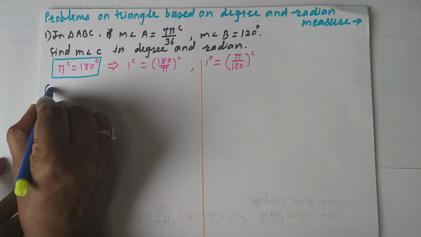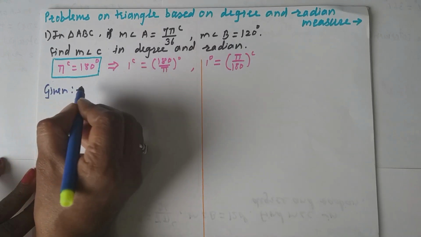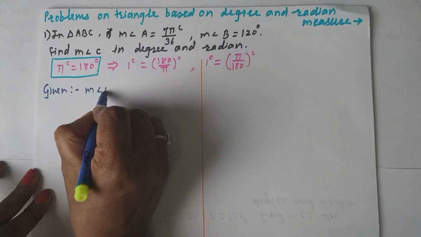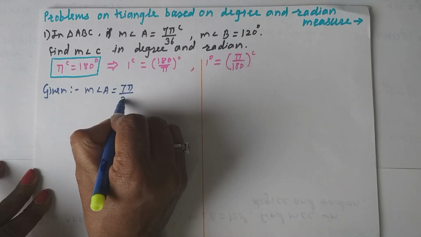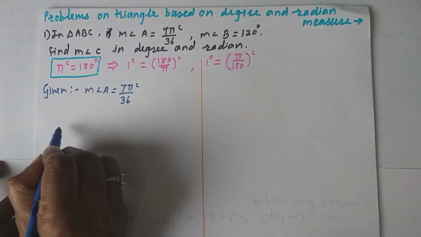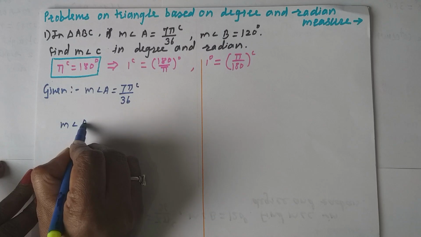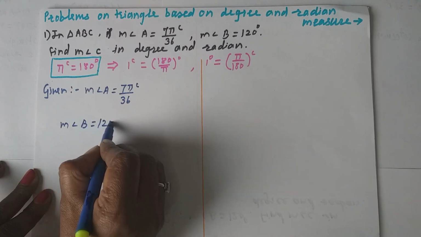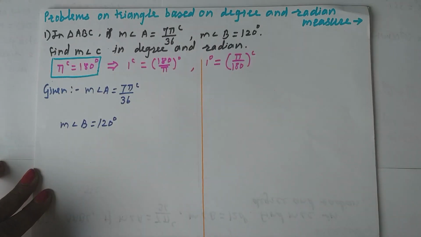Now see in the problem what is given here. Measure angle A is 7 pi by 36 radians and measure angle B is 120 degree. Now, if I have to solve the problem, then all the angles of a triangle must be in the same measure.